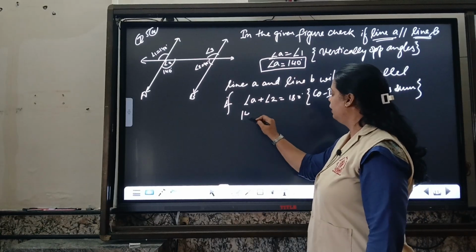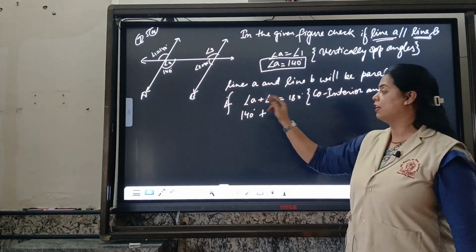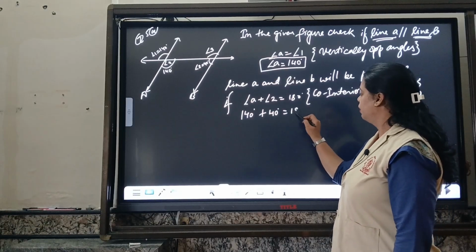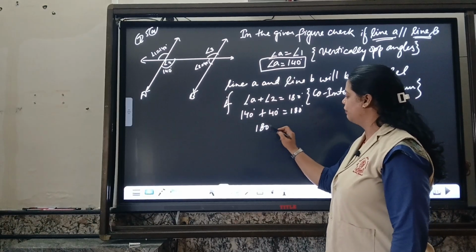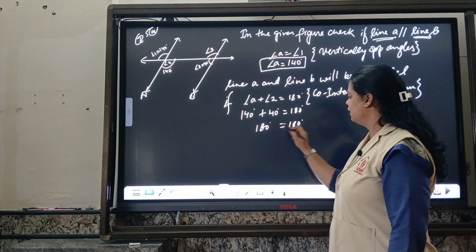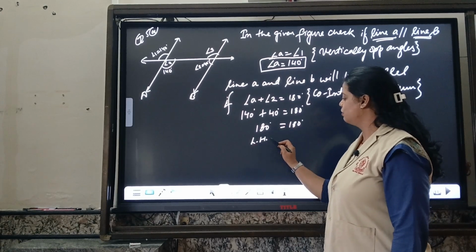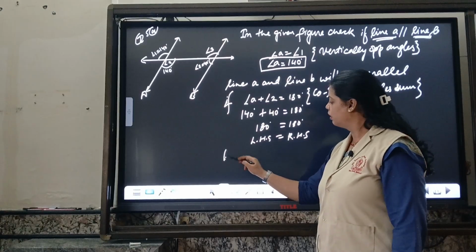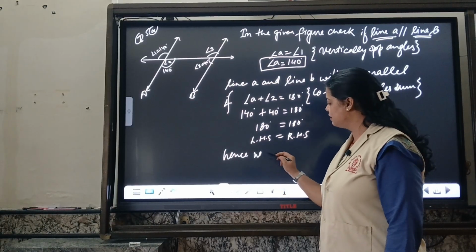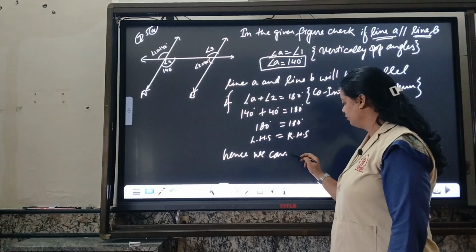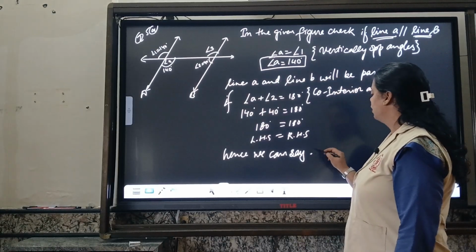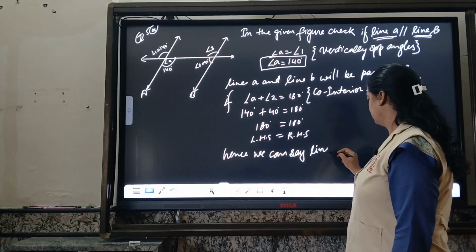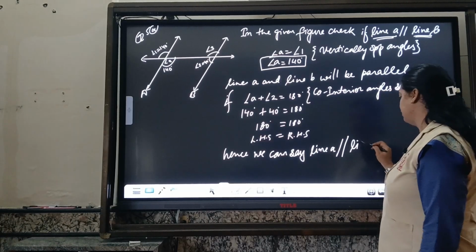It is 140, and in place of angle 2 I will write 40 degree. Now my left hand and right hand side both have the same answer, hence we can say LHS is equal to RHS, means we can say line A is parallel to line B.